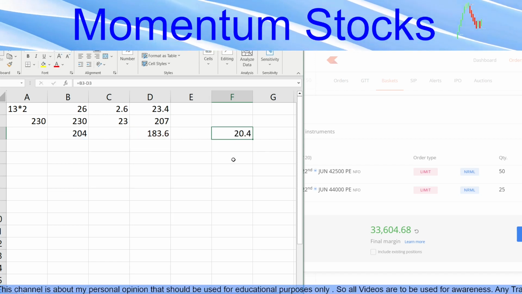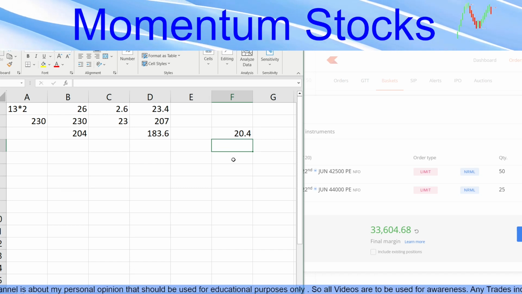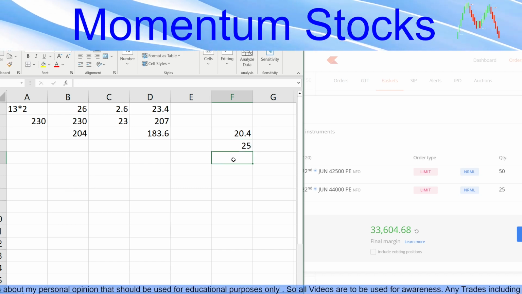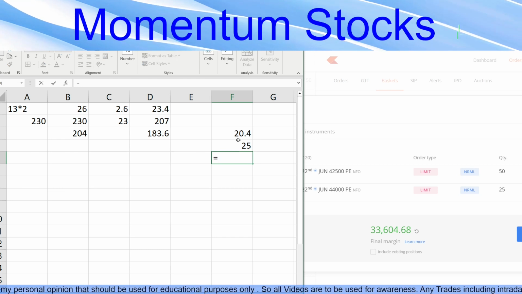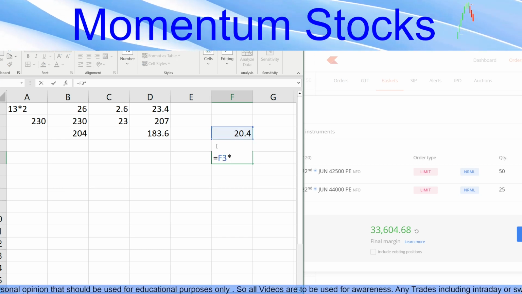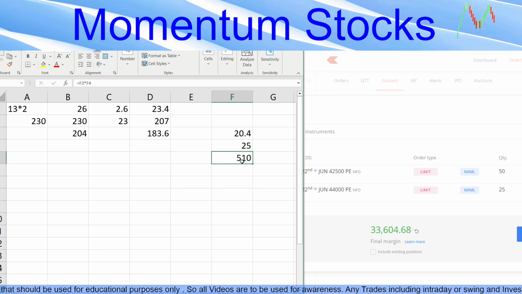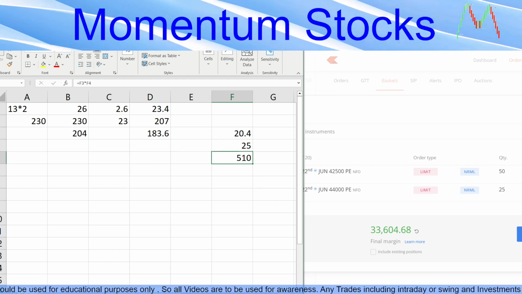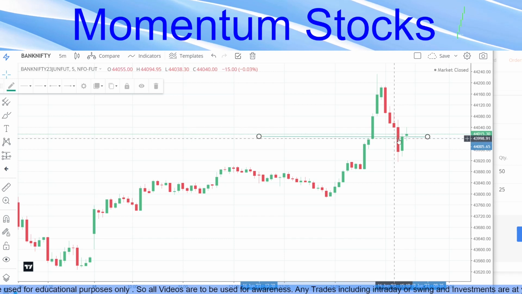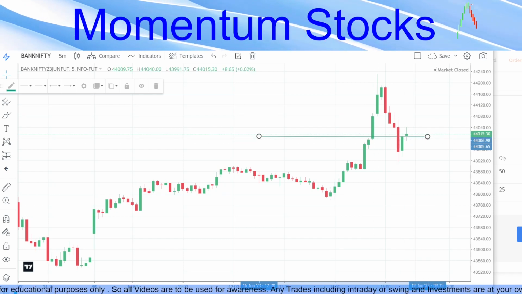This 20 rupees multiplied by the lot size, which is 25, will give you the profit that you are going to earn in this particular put spread, even if bank nifty is sideways till that entire period.